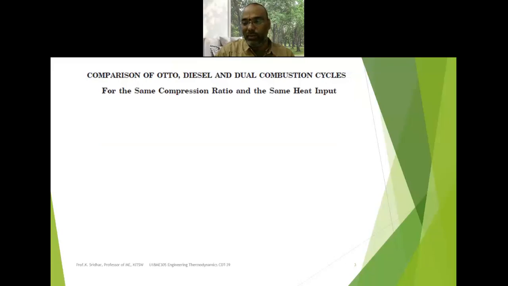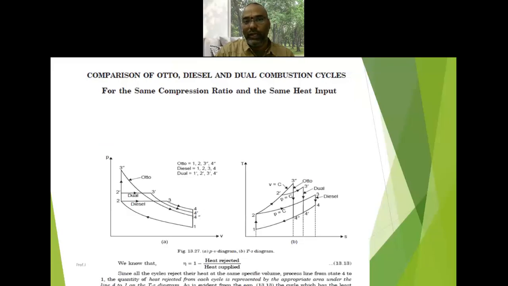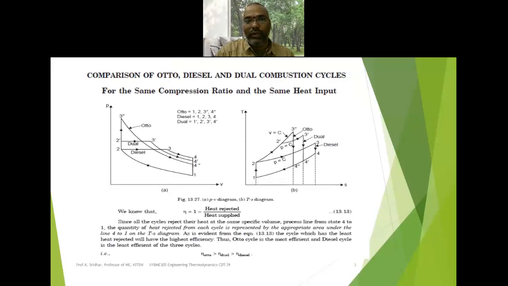So now let us have the comparison of the Otto cycle, diesel cycle and the dual cycle. So let us take the first parameter, that is for same compression ratio and the same heat input. So it is very important that you know how to plot the PV diagram and TS diagram of Otto cycle, diesel cycle and dual cycle. First of all, you should be familiar with the representation of Otto cycle, diesel cycle and dual cycles on PV and TS diagrams because the areas are very important.